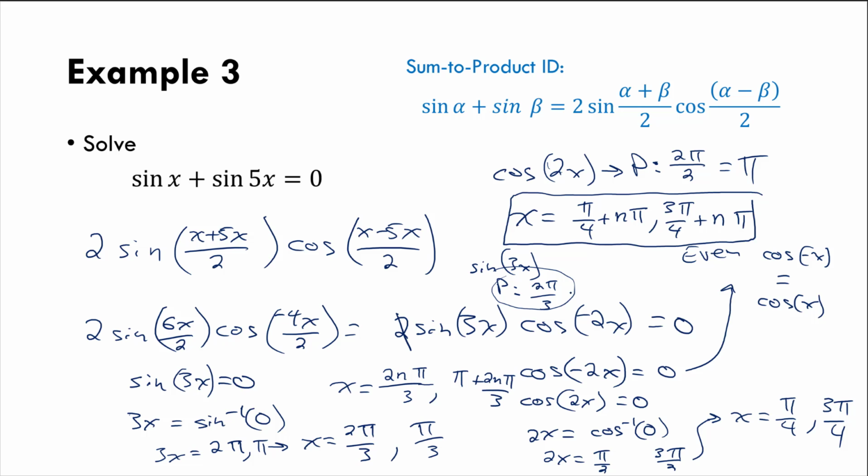Again, because of our period, that's why we're adding this 2 pi over 3. And for both of these, I need to specify that the n values are integers.